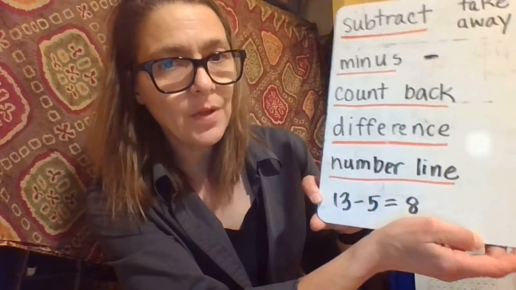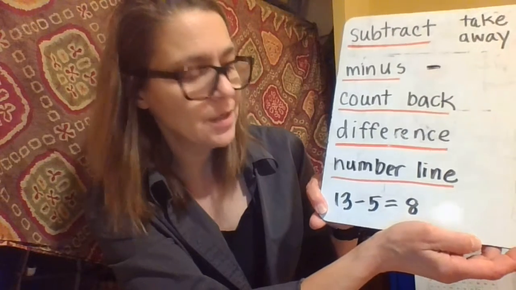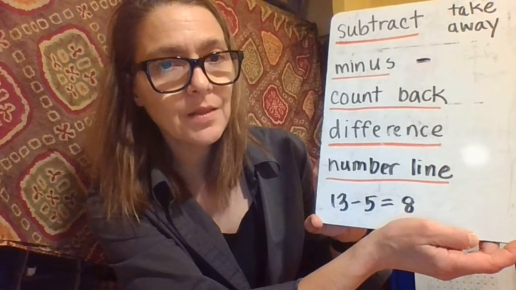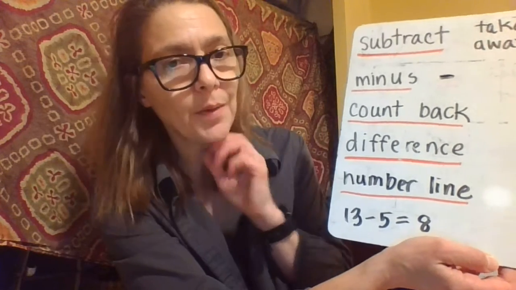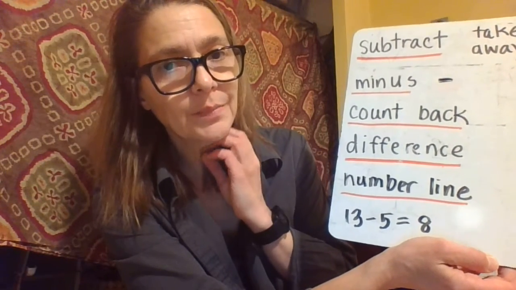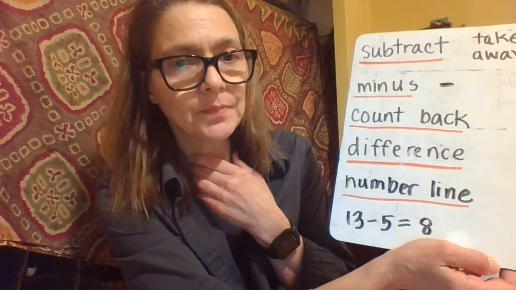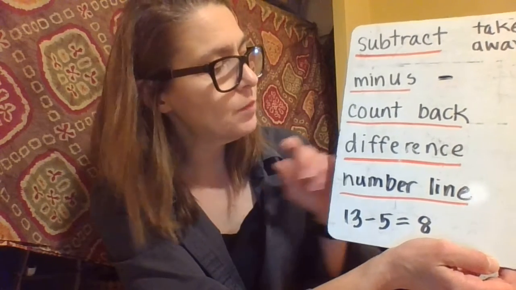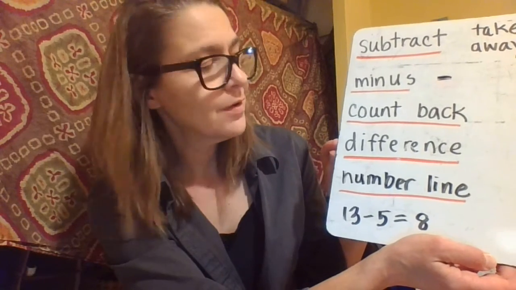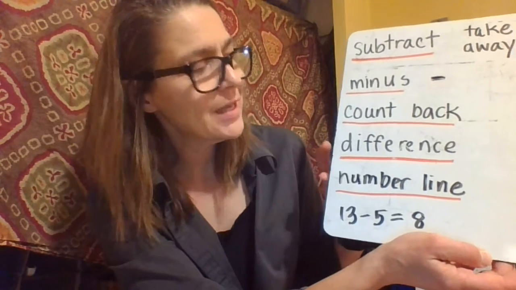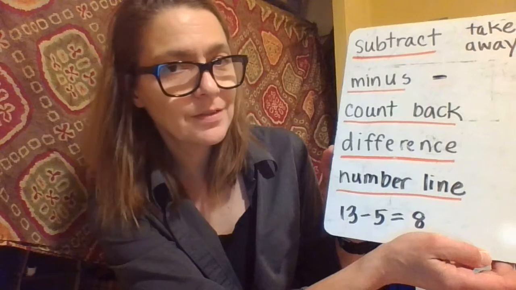And there's an example of a subtraction equation, 13 minus 5 equals 8, at the bottom. The strategy you're learning is to count back, but you could also count on. And the answer in a subtraction equation is called a difference.